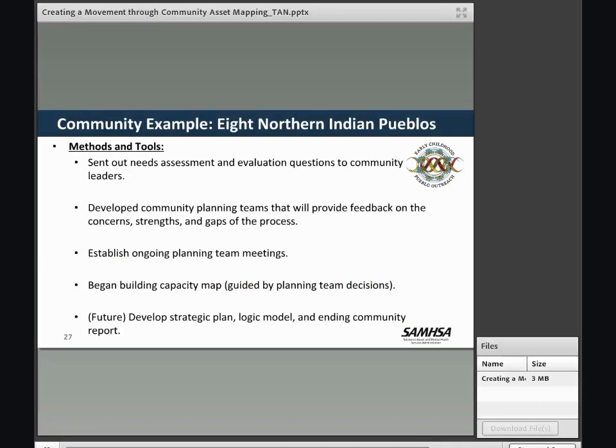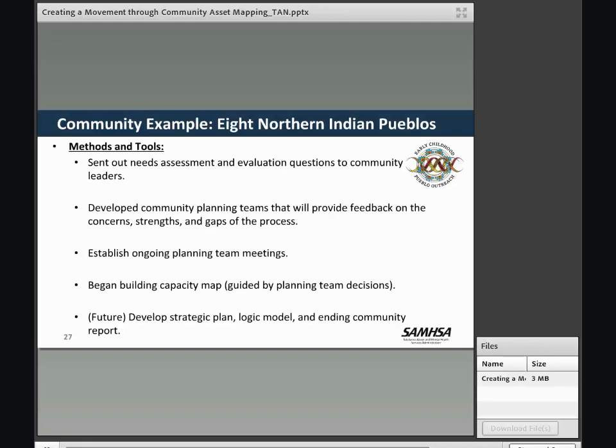So for 8 Northern Pueblos, what they did was send out a needs assessment, evaluation questions, to community leaders. They developed community planning teams that provided feedback, and then had regular ongoing planning team meetings. Then they began building their capacity map.